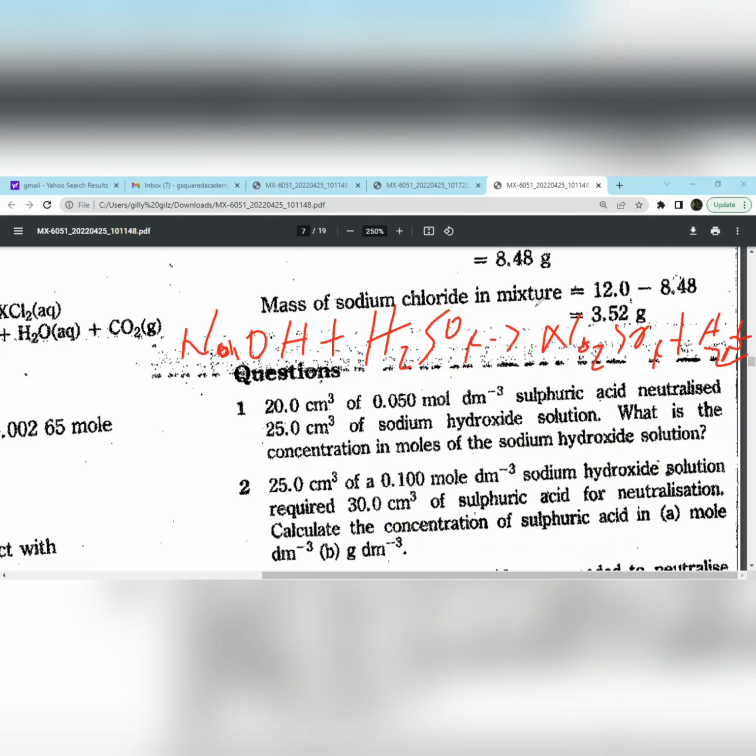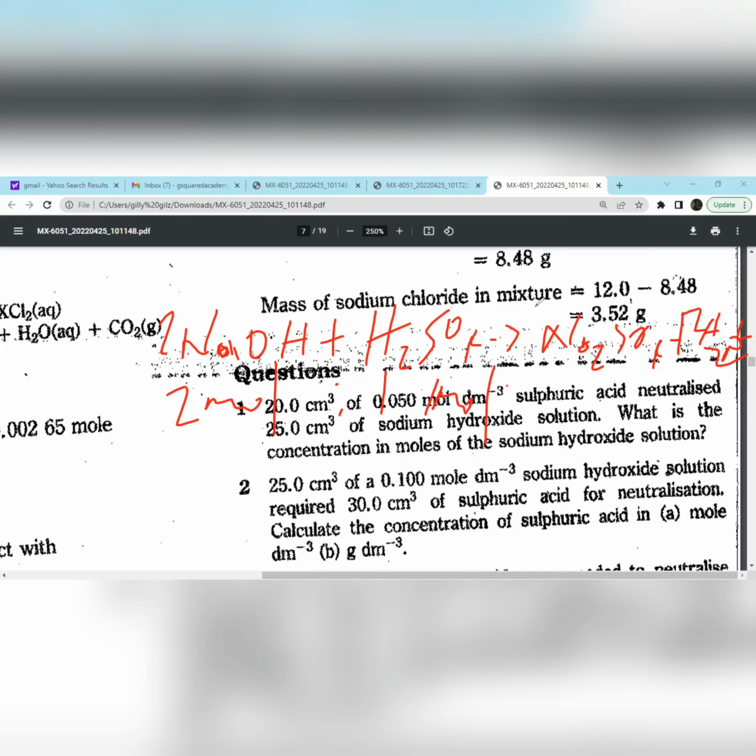So now what we need to do now is to balance this equation. You have 2 sodiums on the right and 1 on the left. So let's just put a 2 there and put a 2 in front of water. There you go. Okay, so now we know based on this balanced equation that 2 moles of sodium hydroxide reacts with 1 mole of sulfuric acid.